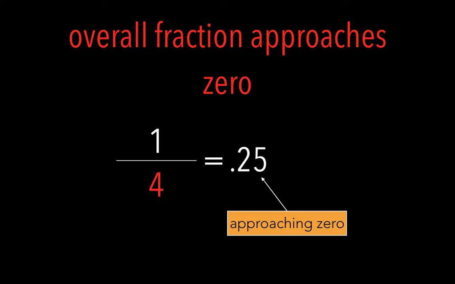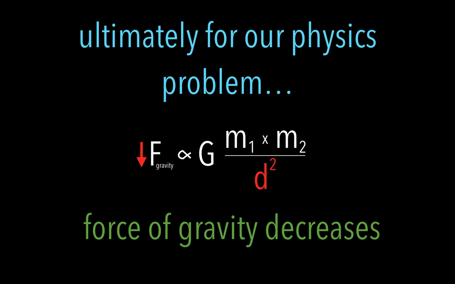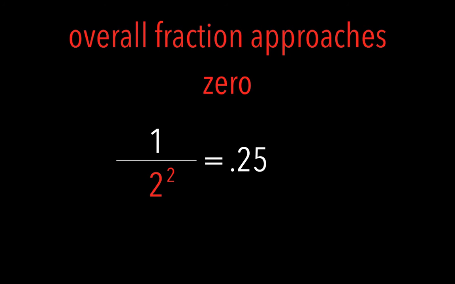And you notice that the number is getting smaller and smaller as my denominator gets larger. So I'm approaching 0 as my denominator increases, right? That means the overall gravity decreases in terms of our physics problem here. So mathematically it makes sense. Philosophically it makes sense. It's pretty cool.